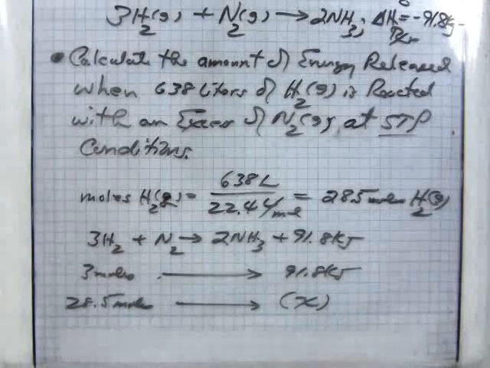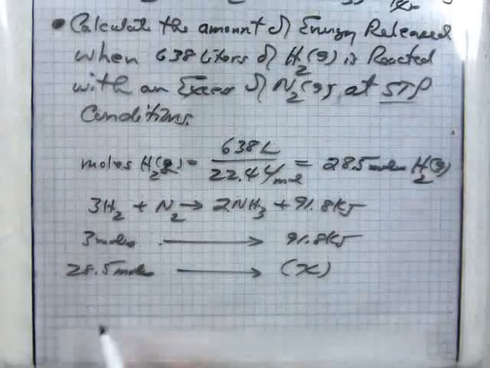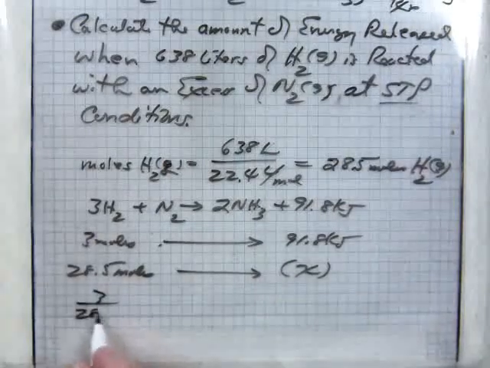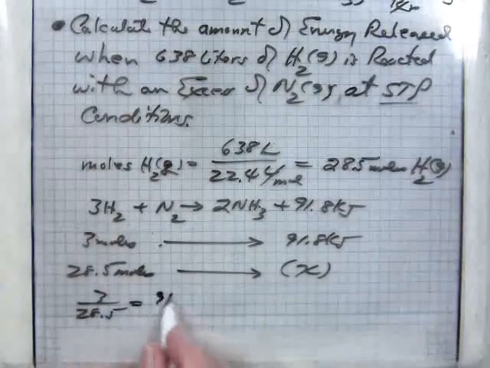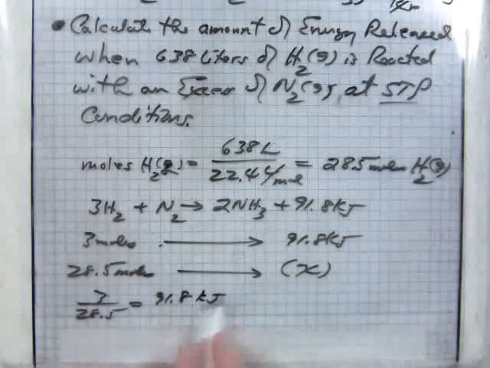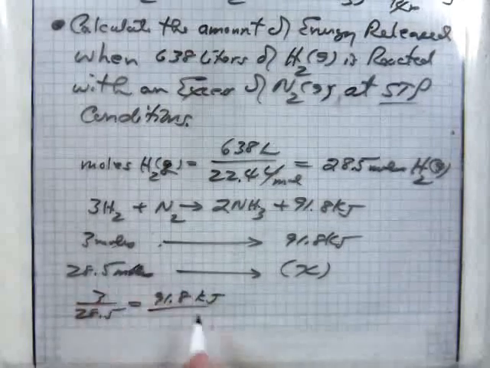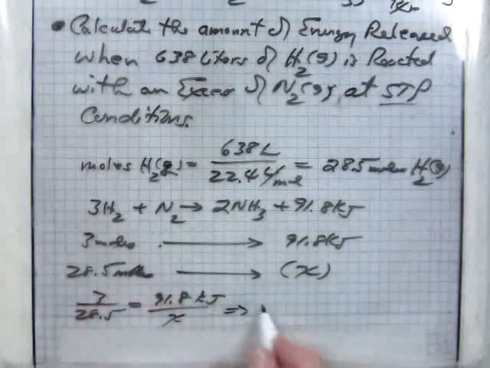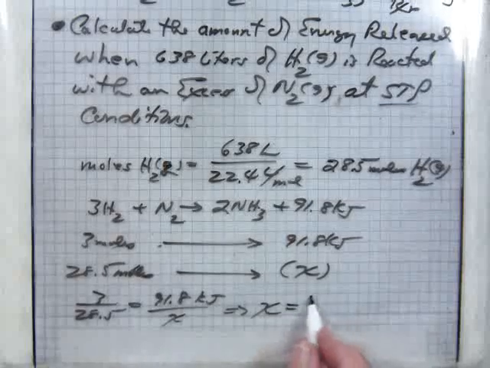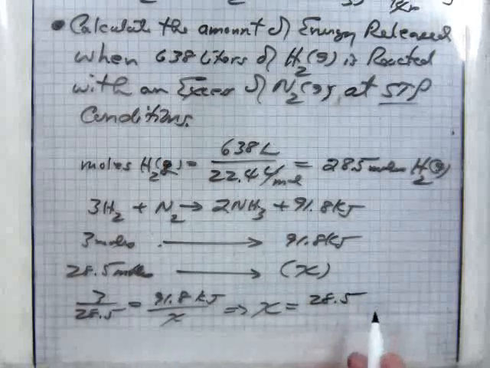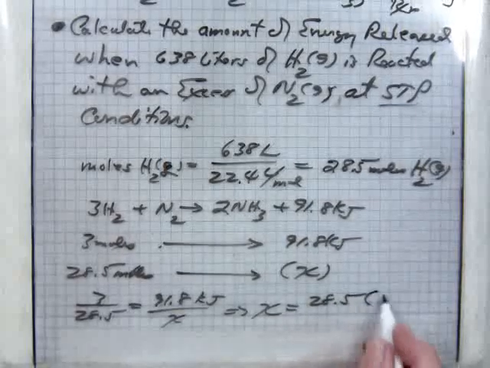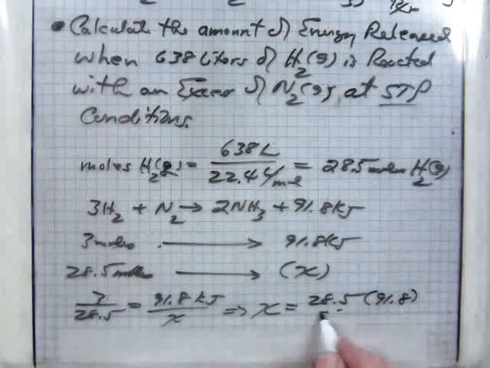We can simply set it up as 3 over 28.5 to equal 91.8 kilojoules over X. Moles will drop out and solve for X. So X is equal to 28.5 times 91.8, and everything comes out in kilojoules.